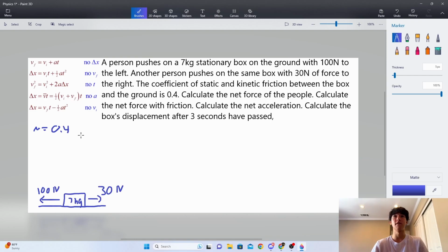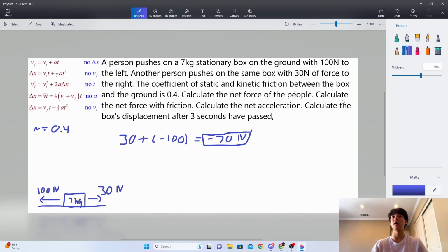Calculate the net force of the people. So the net force of the people is simply this positive 30 plus negative 100, and it's literally just negative 70 newtons, meaning that there's 70 newtons going to the left, and that's it.